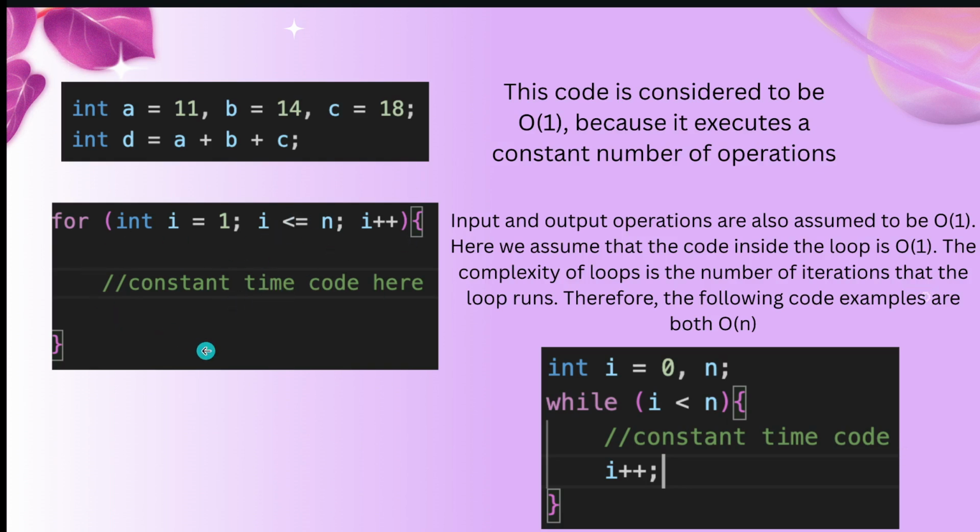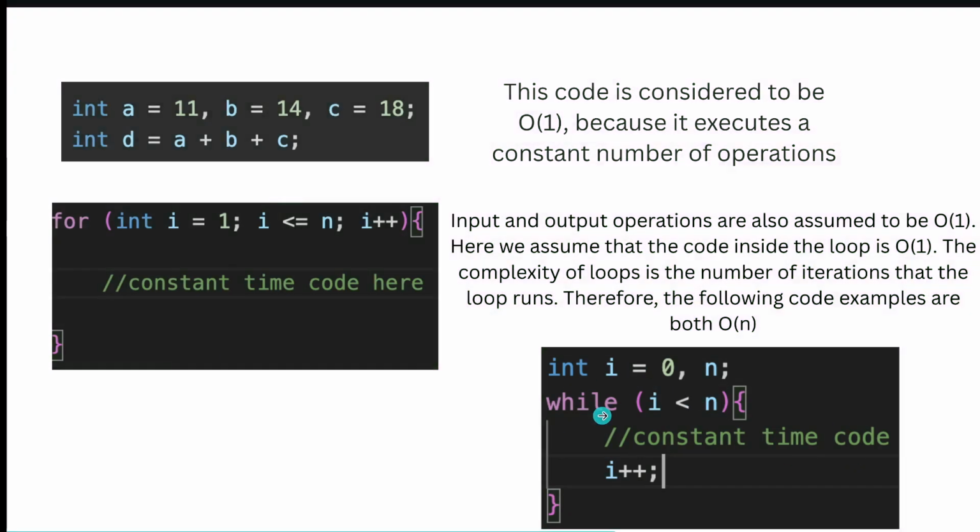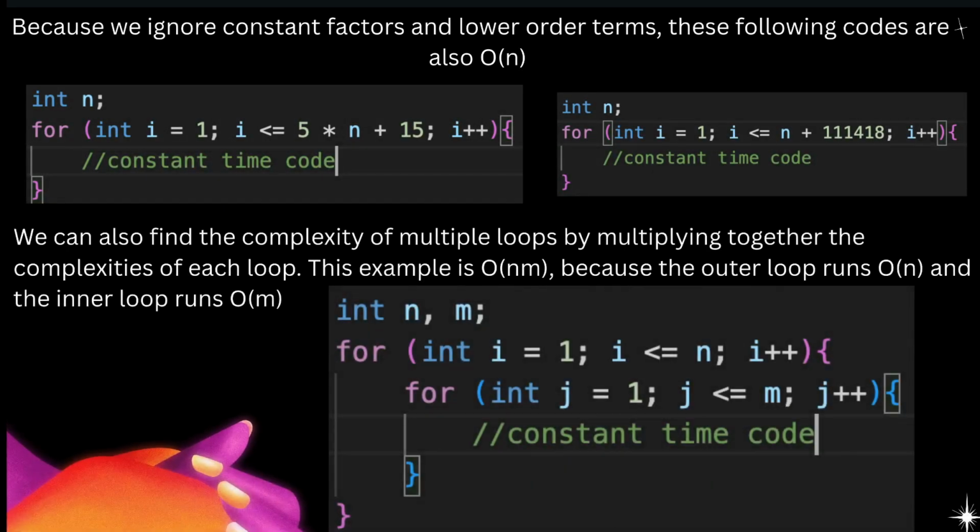because we constantly run our code n times, as you can see here. As for other codes, we have the definition of constant factors and lower order terms.